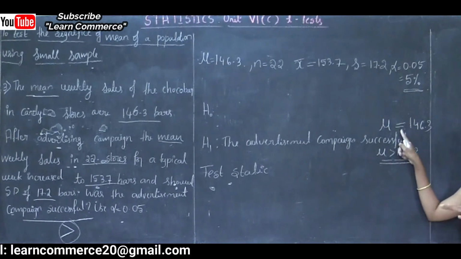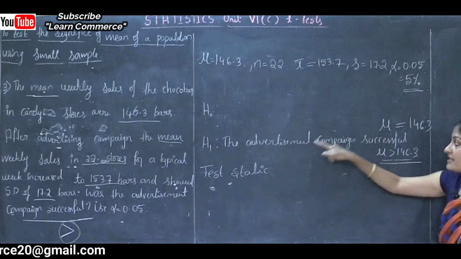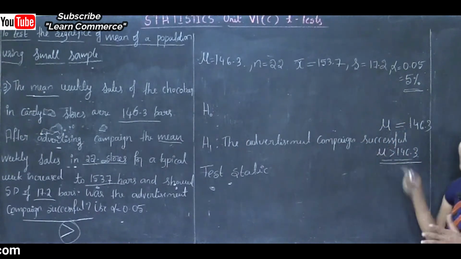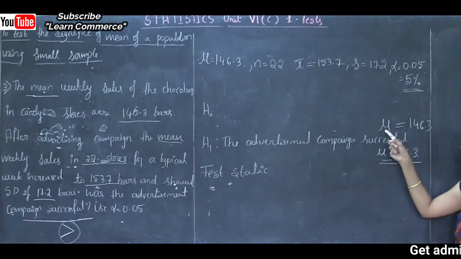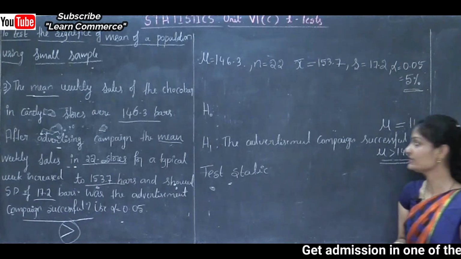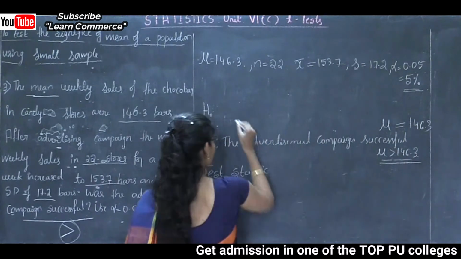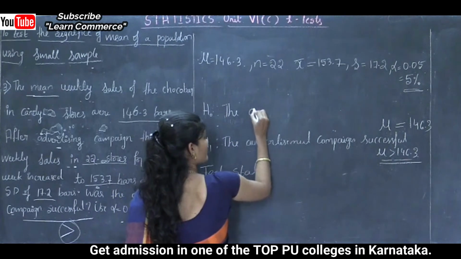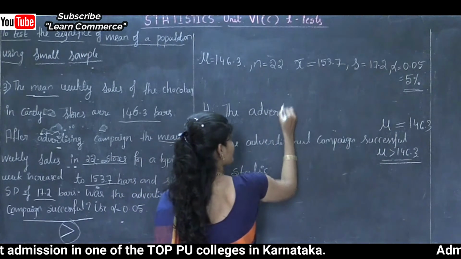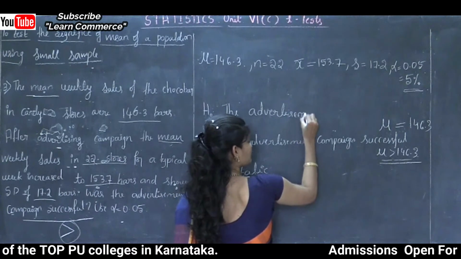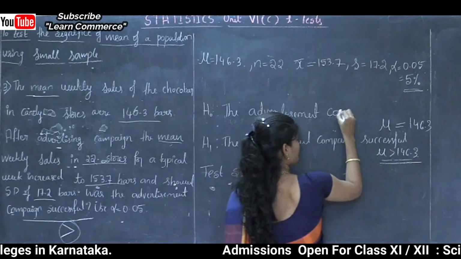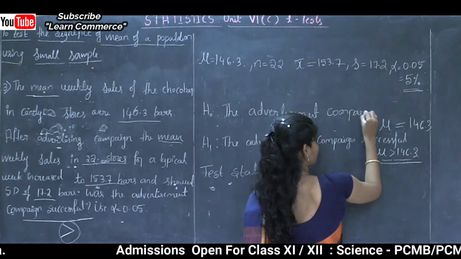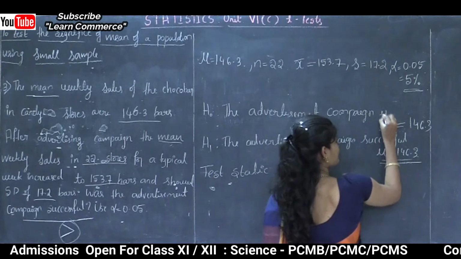So H0 is, the advertisement campaign is not successful.